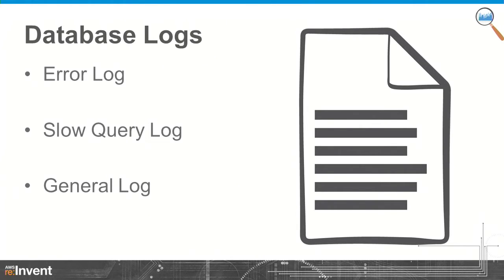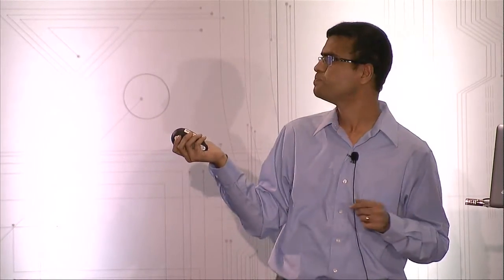So RDS launched the ability for you to download these logs directly via the management console through point and click. And you can also use RDS APIs to download these logs, and integrate with your third-party monitoring tools to make sense out of these logs. And Antonio from Titans is going to talk about how they use the logs in conjunction with Splunk.